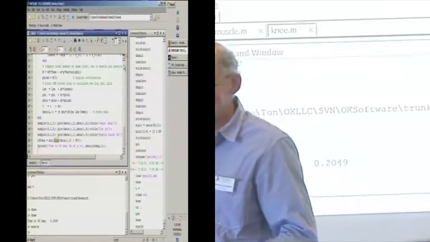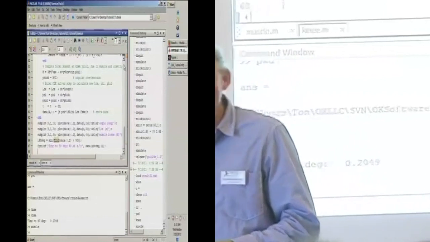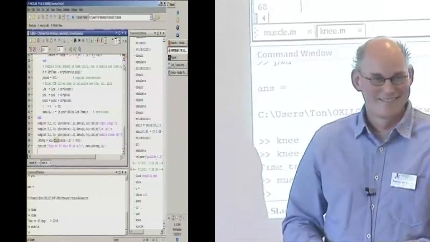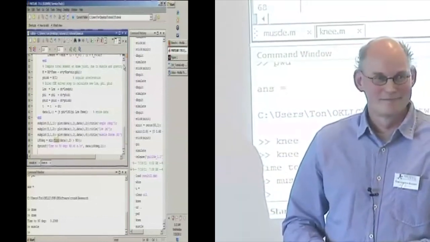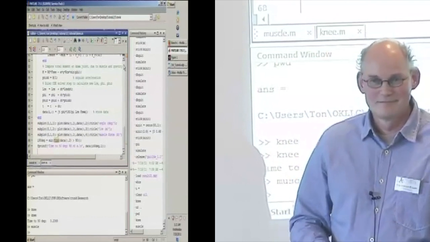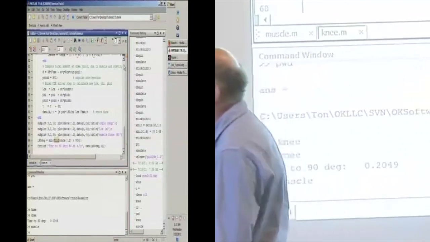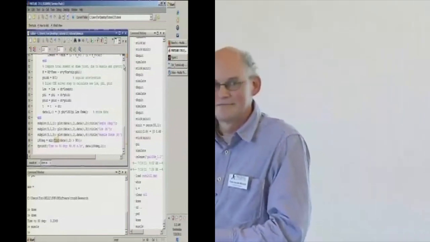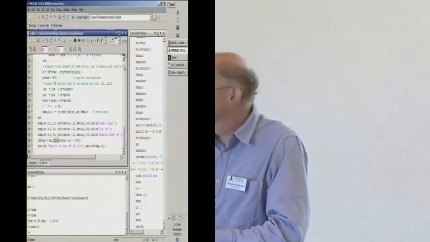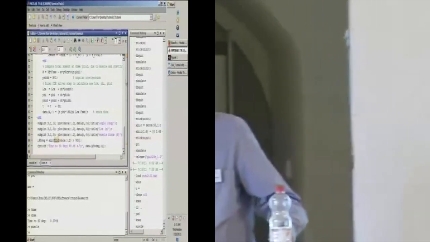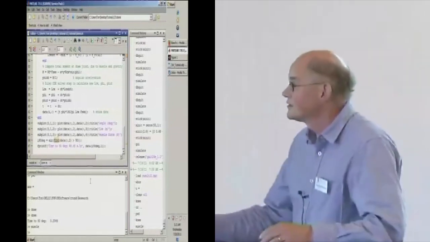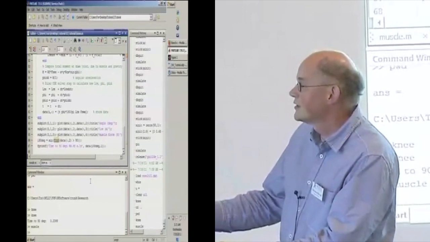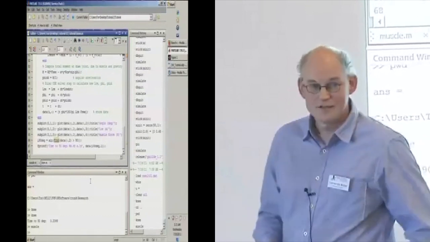Maybe the optimum is a different need. Has anybody tried it yet? Let me run it. I did run it already just before. It's at 205 milliseconds with this model.